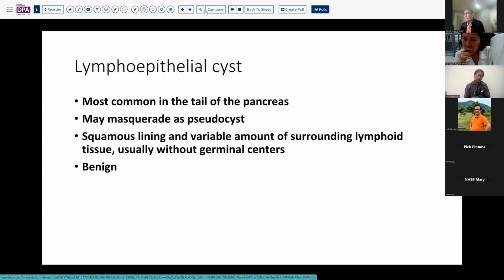Well, another tumor that's frequently encountered in the tail of the pancreas is the lymphoepithelial cyst. And this is an interesting lesion because we don't know exactly embryologically where these develop. Certainly, we occasionally see similar cysts in the spleen, as well as in the tail of the pancreas.